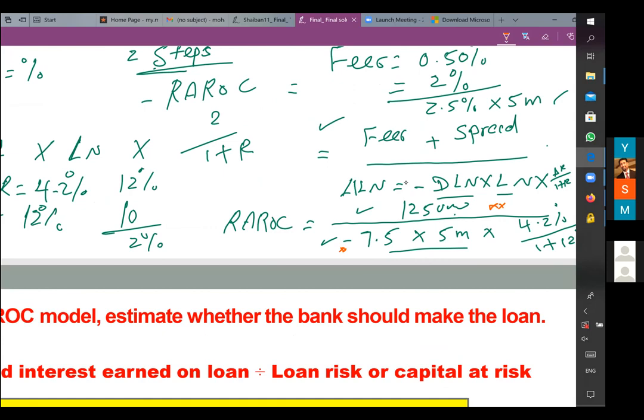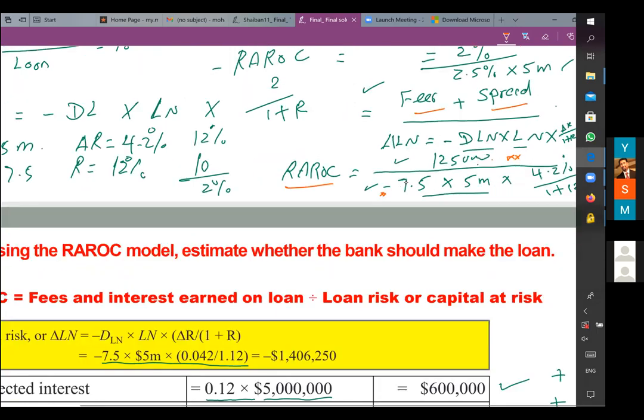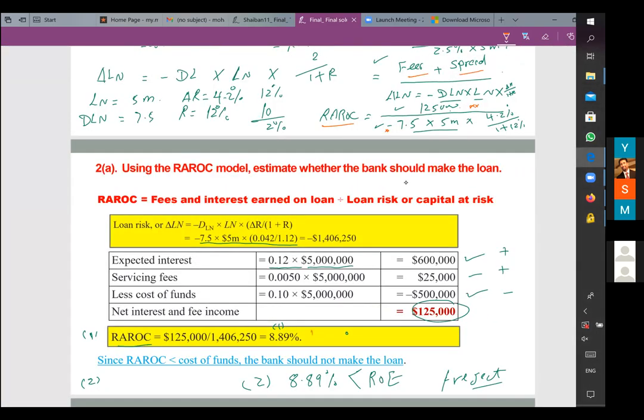Where is the area which I can play here? I can just tell him, give me more fees, give me more spread. I can change the RORAC. If I am willing to increase this RORAC, the only way to do it is to increase this amount or decrease this amount.